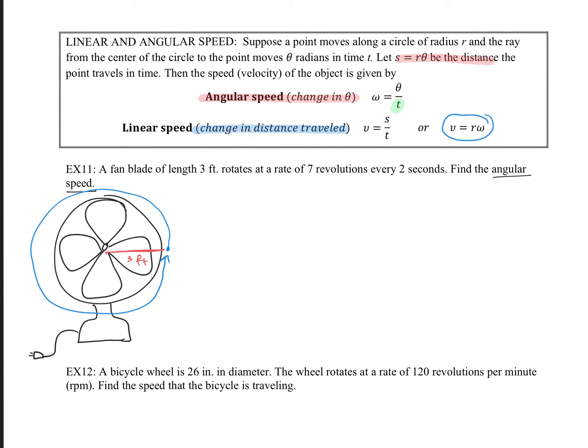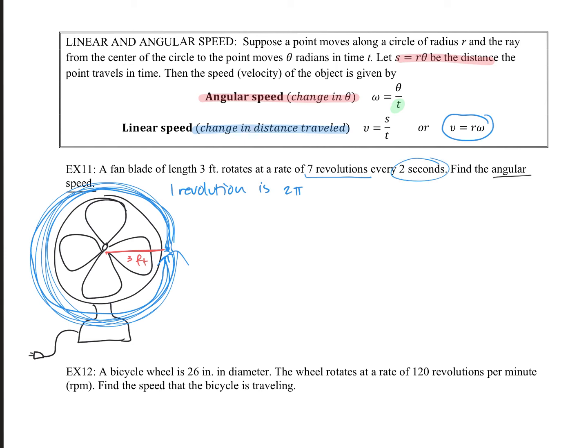Let me write that down. 1 revolution is a full rotation around the circle, which is also equal to 2 pi, if you're thinking of the unit circle. But what does it say? It says it goes 7 revolutions. So it goes around 1, 2, 3, 4, 5, 6, 7 in how many seconds? In 2 seconds. Now it wants to find the angular speed, so how quickly the angle is changing.